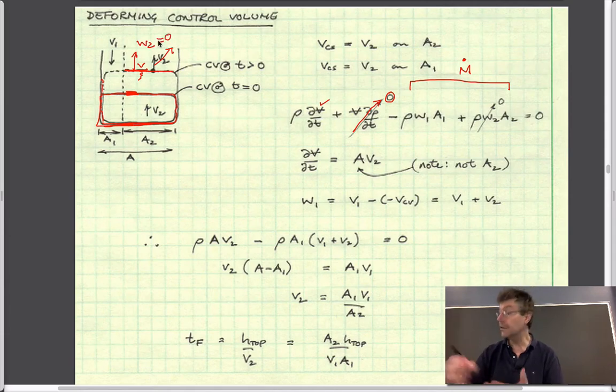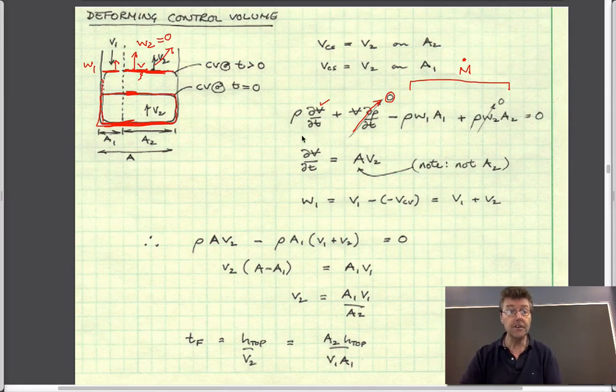Because it's moving with the thing. But the only one we have to account for is the one that we've already done, and that is W1, which is moving here. So in some respects, we've made it a bit easier, even though it's a deforming and kind of moving control volume, in that nothing goes across here, nothing goes across here, and so I think there's only one relative velocity we have to deal with.